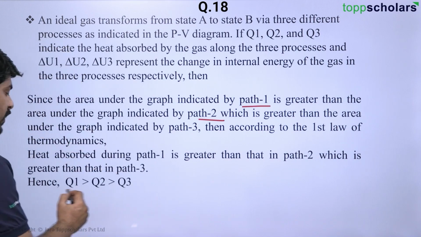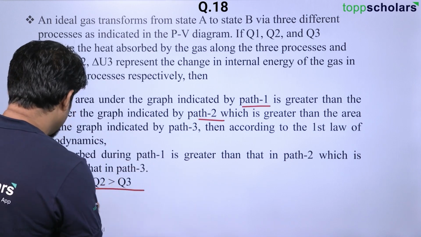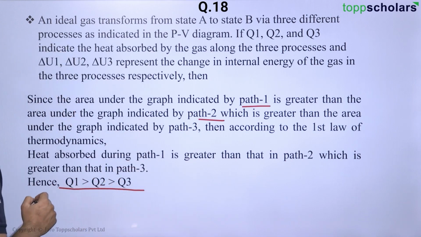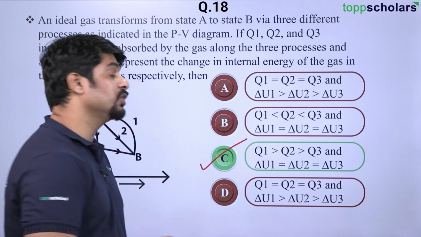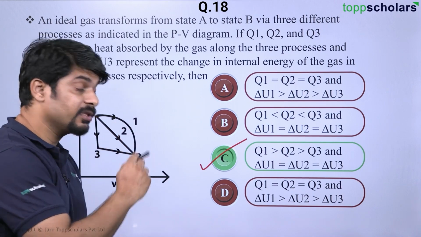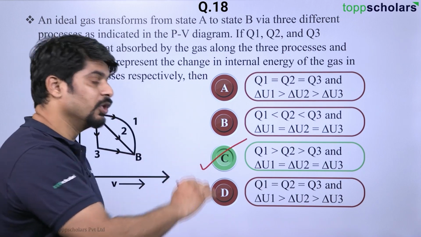So Q1 is greater than Q2 and greater than Q3. Therefore the correct answer is option C: Q1 greater than Q2 greater than Q3, and delta U1 equals delta U2 equals delta U3.